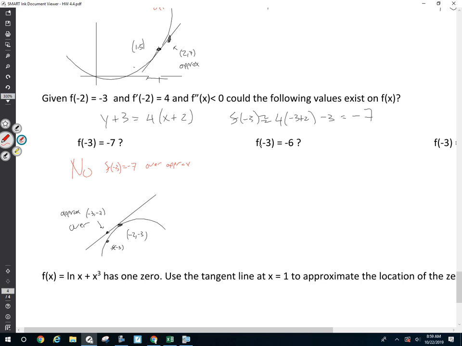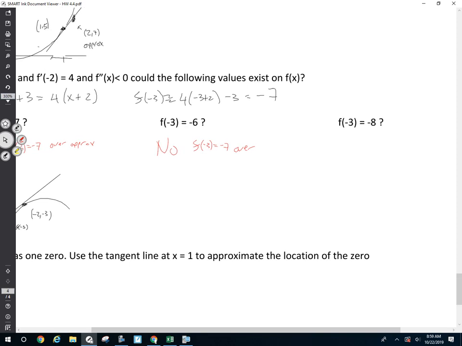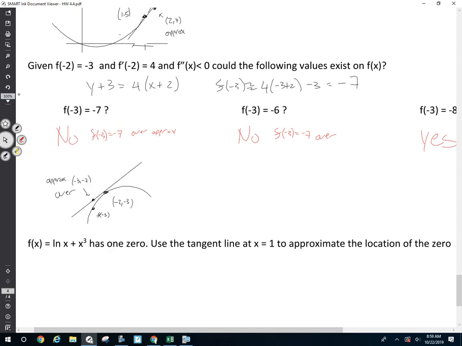Could I have f of -3 equals -6? No. Again, because -7 was over. It's got to be under, and by under it needs to be more negative. So could f of -3 equal -8? Yes, we could have the value f of -3 equals -8.